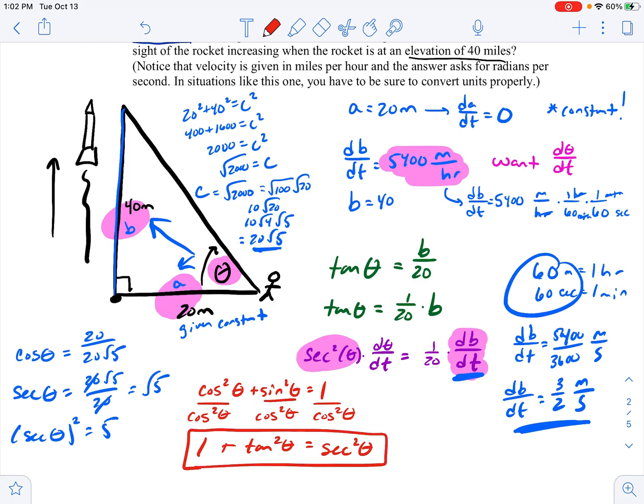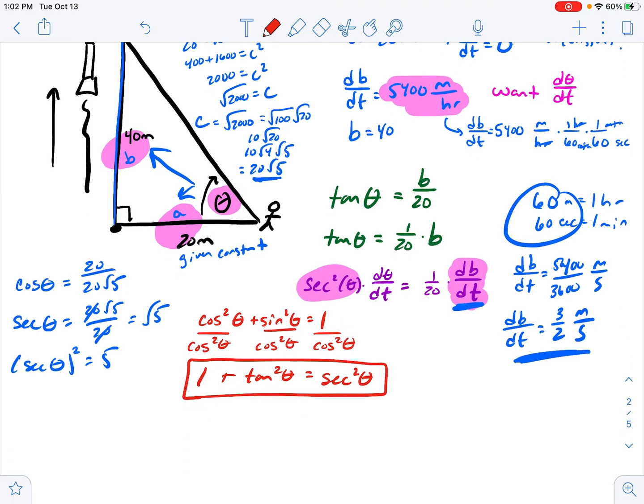So what we basically have is what's called an identity for the secant squared function. If I didn't want to bother getting the value of cosine here, if I know what the value of tangent is, I can sub it into this. And what's nice about this problem is that tangent is very easy to come by because they gave us opposite 40, adjacent 20.